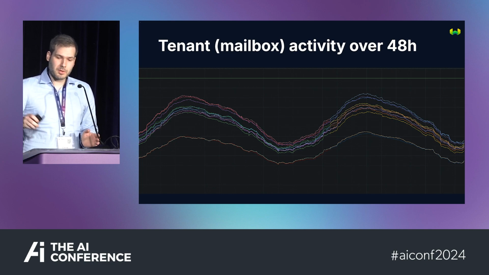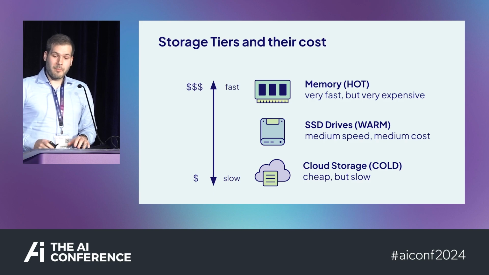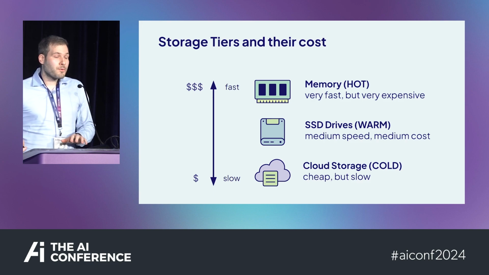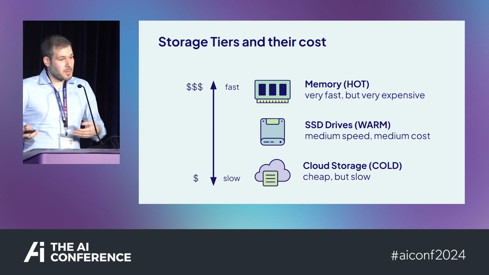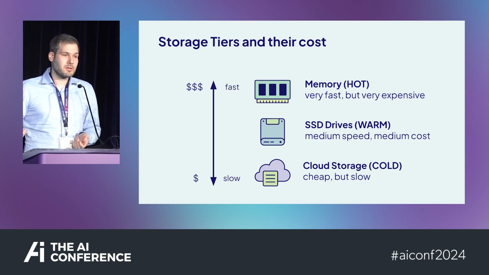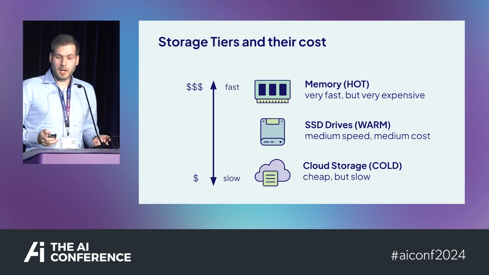So we have these natural fluctuations, and we can again make use of this by sizing our infrastructure for the amount of tenants and users that are actually active rather than the ones that are inactive. Just because you get an email in doesn't necessarily mean you need your vector embeddings in the hottest cache layer, which would be memory or maybe SSD drives. If you're not even logged into the email client right now, we could also just put them on cloud storage, which makes it a lot cheaper, but of course also comes with a latency trade-off.